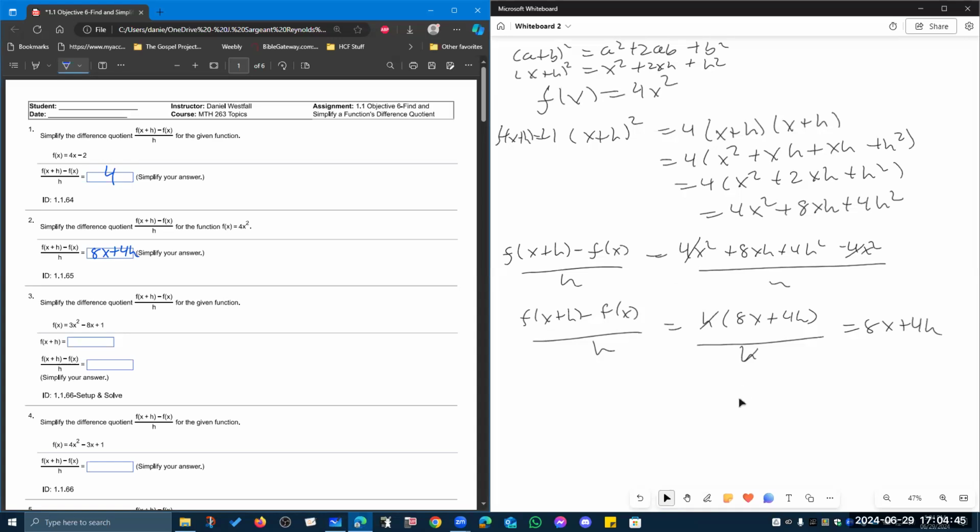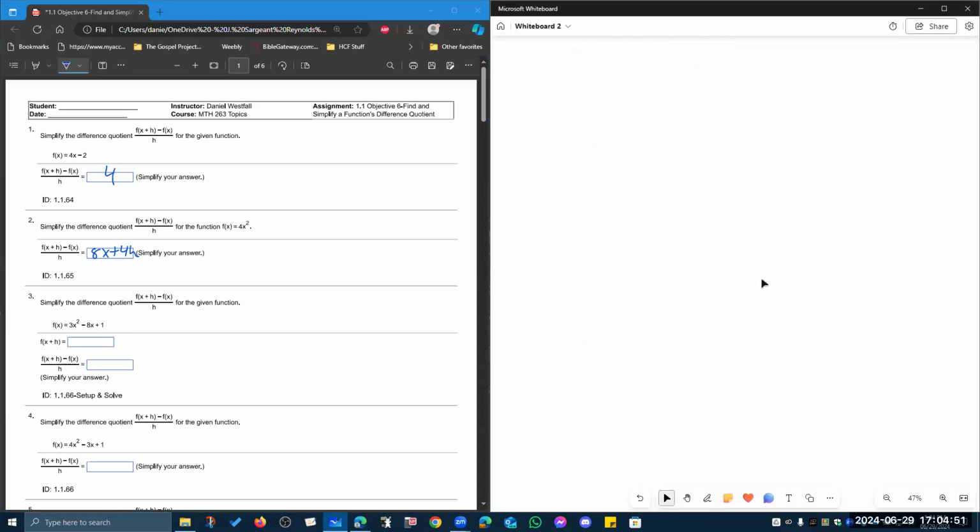All right, let's go to the next one here. f of x is going to be equal to 3x squared minus 8x plus 1. They specifically asked me to find f of x plus h separately here since it's a larger problem.